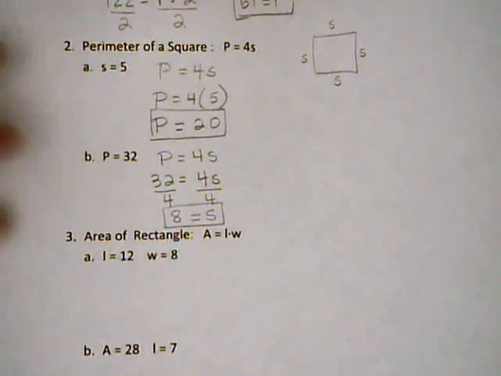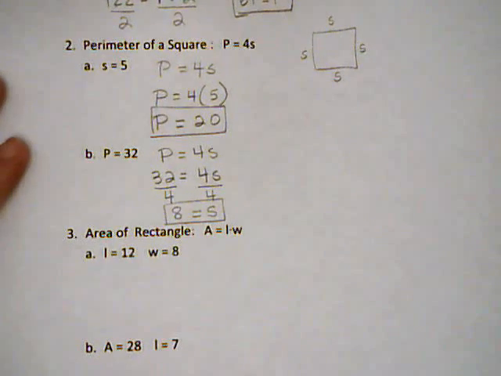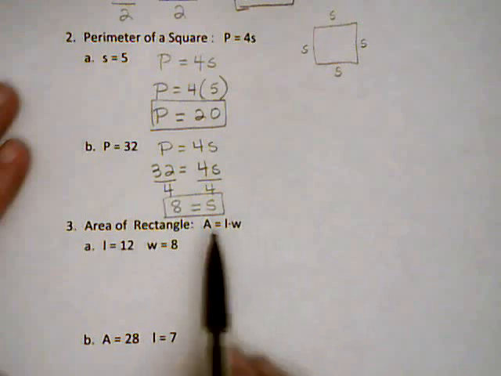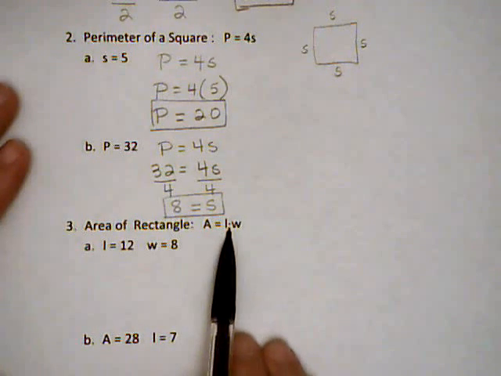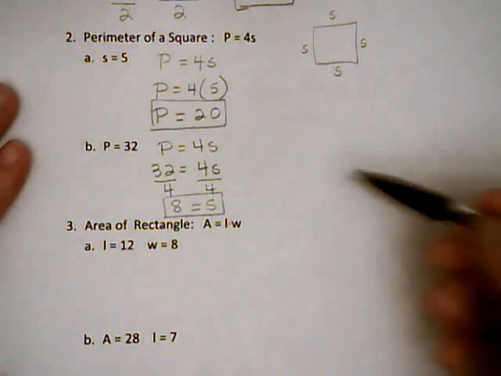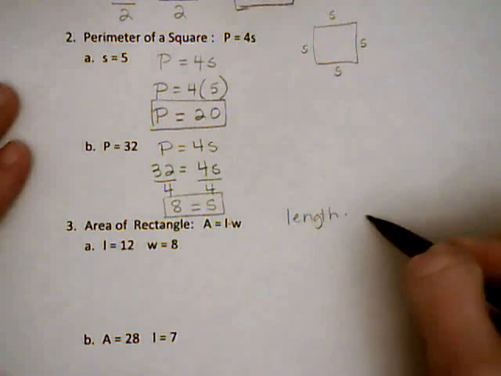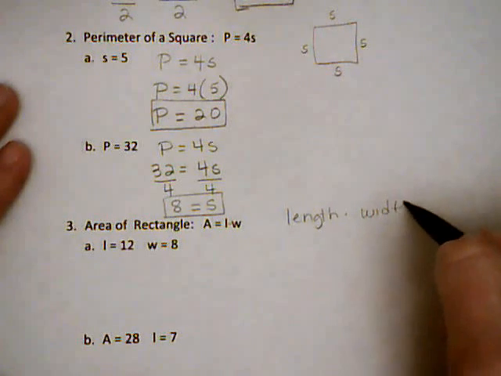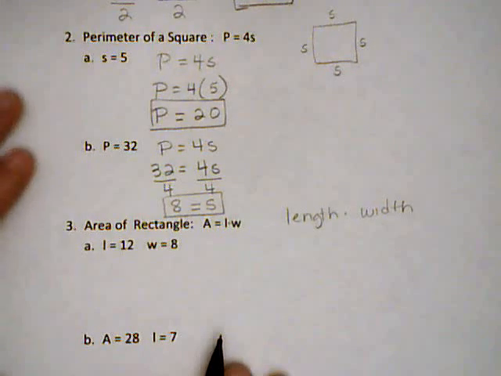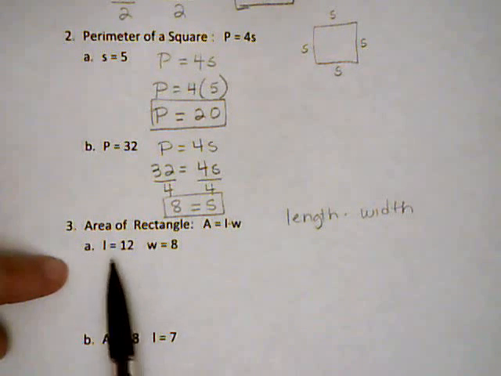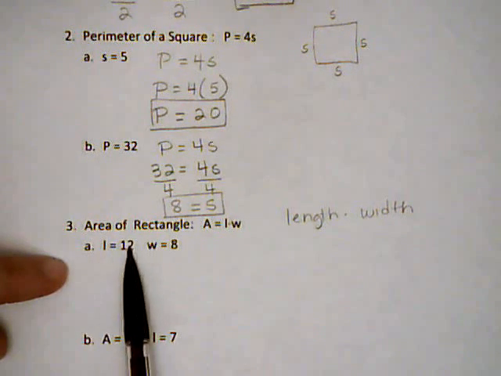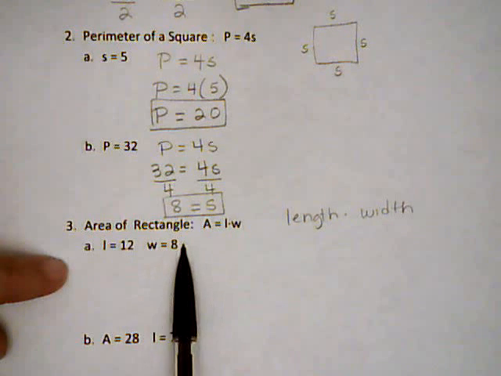Number 3 is the area of a rectangle. The formula is area equals L times W. That just means length times width. In the first part, it says L is equal to 12 and W is equal to 8.